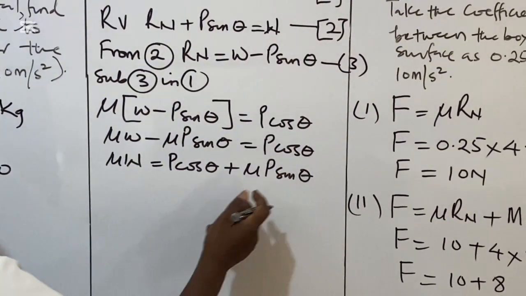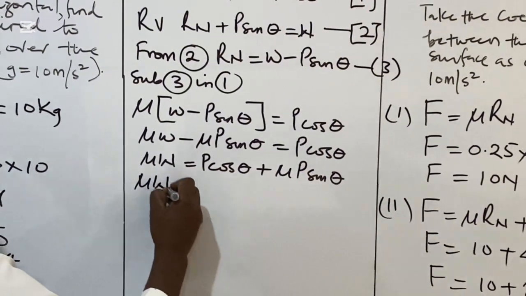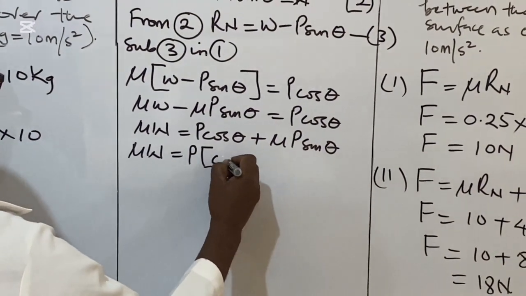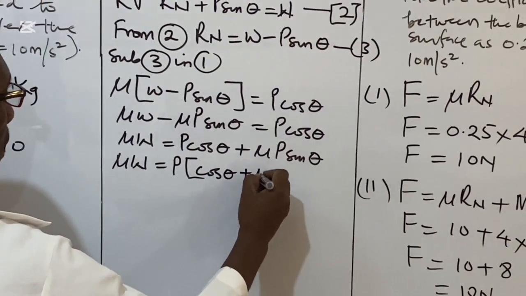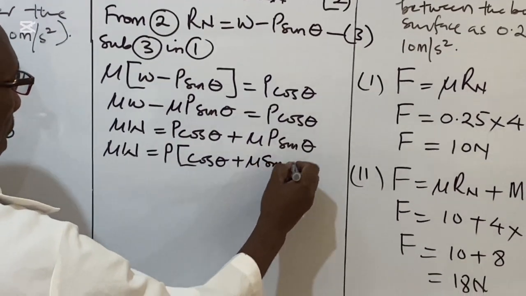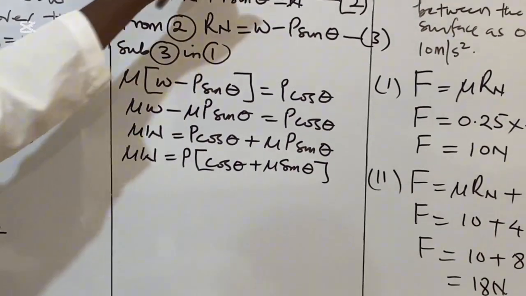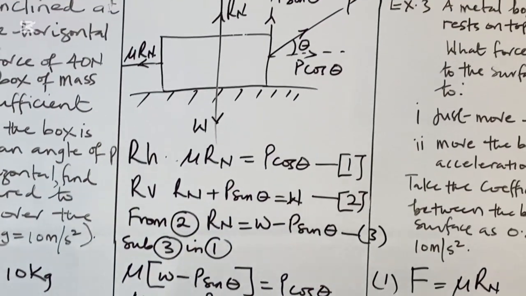Now P is common. I will factorize that. So I will have mu W is equal to P, then open my bracket, cos theta plus mu sine theta. So I can now find the force P required to pull this body.